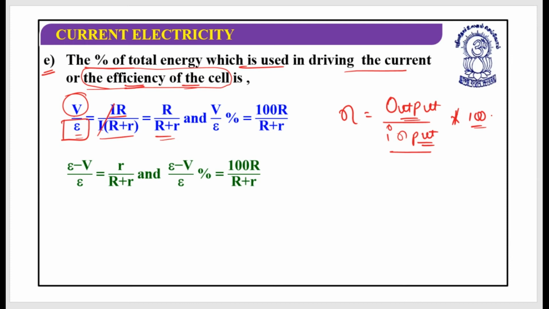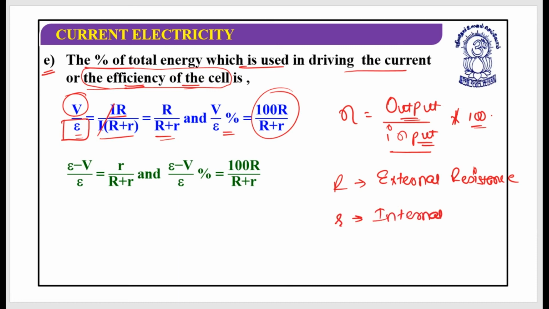If I write this in percentage, it's 100 into capital R. When I say capital R, I am talking about the external resistance, and when I say small r, it is the internal resistance of the cell. So this is 100 into R divided by (R plus r), and thus you can calculate the efficiency of the cell. Is it clear?